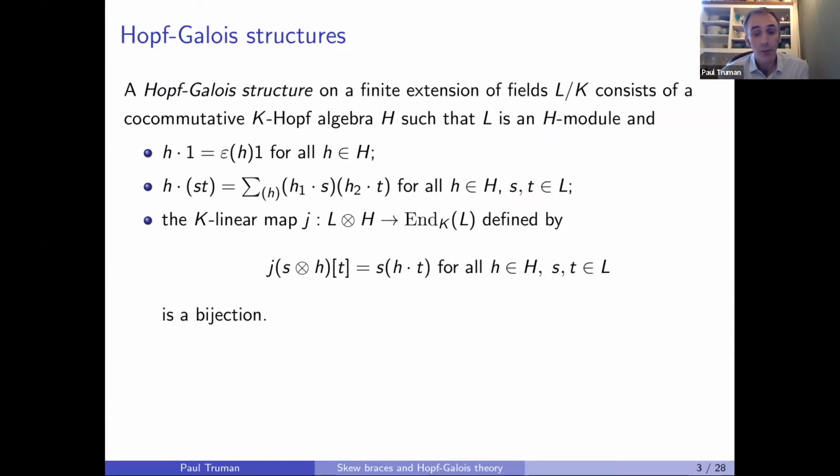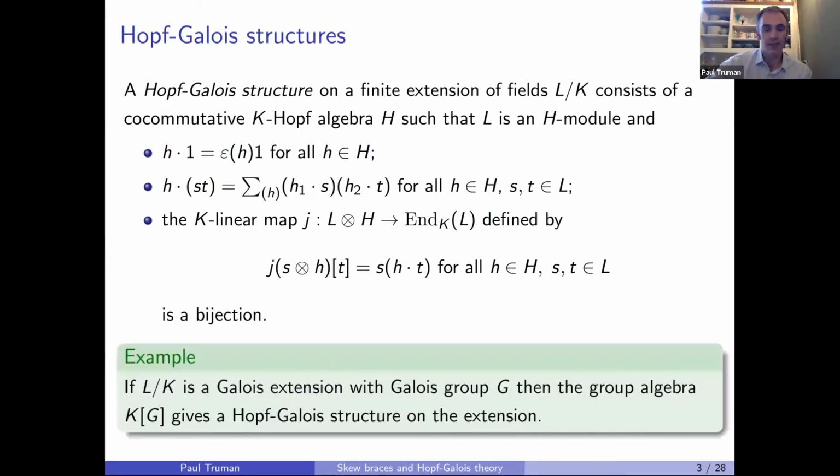And then the third bullet point is this Galois type condition, this non-degeneracy condition that says by the time I extend scalars up to L tensor H, I should basically get all the K linear endomorphisms of L. So specifically, this map j here ought to be a bijection.